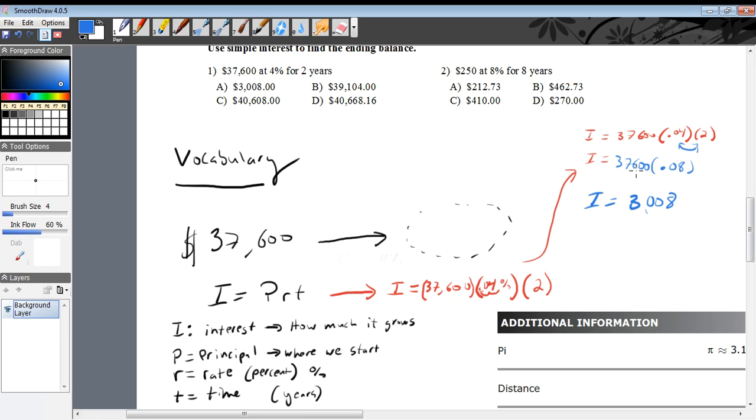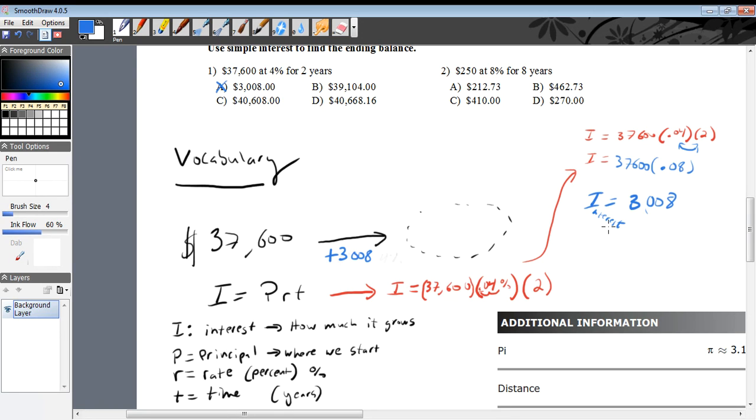This is the interest, or how much it grew. So if it grew $3,008, my answer is actually not this. This is how much it grew, but the last thing we need to do is add the interest to our starting value. It's a percentage increase, right? It's like a tax or a tip or some markup.